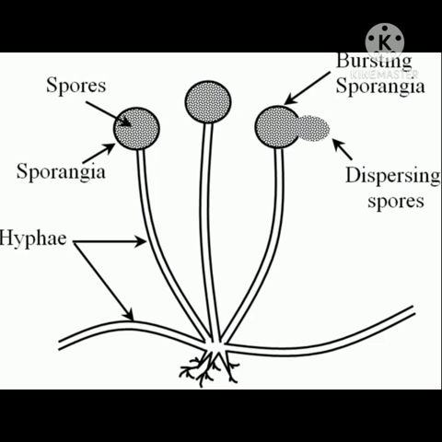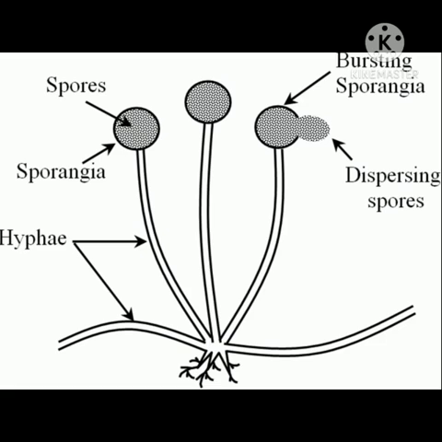Spore formation. Spore formation is a method of asexual reproduction which is found in non-flowering plants such as fungi, ferns, and mosses. Non-flowering plants are those plants which do not bear any flower.